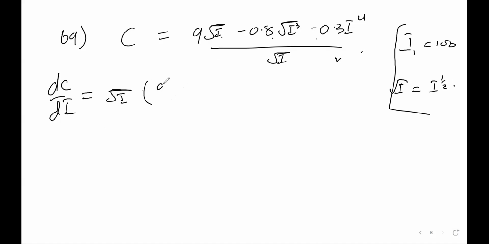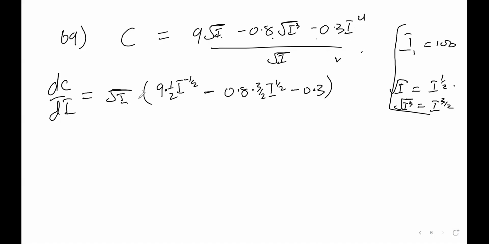So the first term, 9 stays aside, differentiate root I, we get a half I to the minus a half, minus 0.8 stays aside, differentiate I root I cubed. Remember, root I cubed is I to the 3 over 2, in exponential form. So its derivative will be 3 over 2 I to the half by the power rule, minus 0.3, because 0.3 I, its derivative is just 0.3.